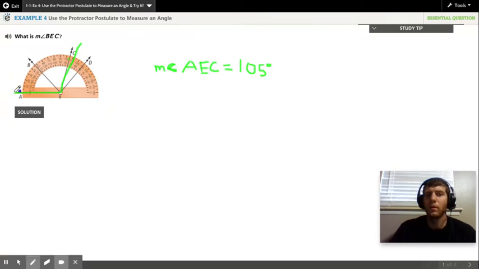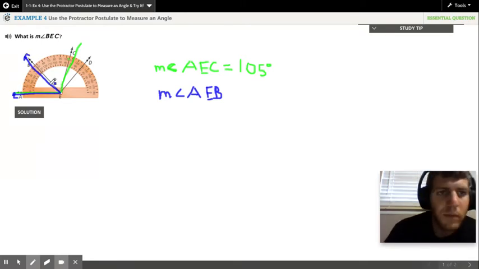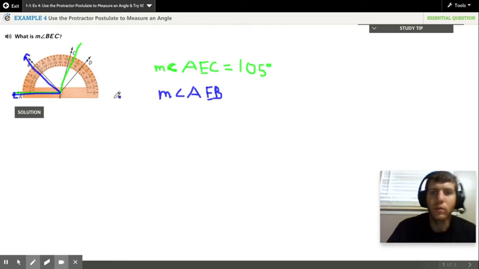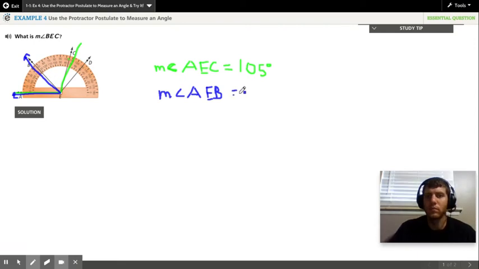And then let's do the measure of angle AEB. That's this angle right here. If we zoom in here a little bit, we'll see that it's about 46 degrees, or 47 degrees-ish.